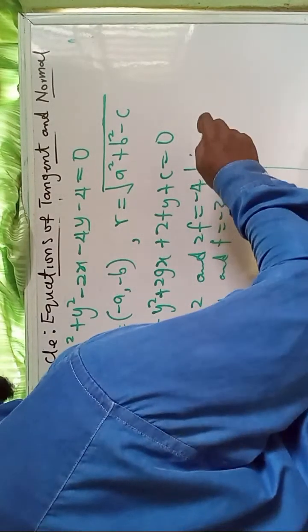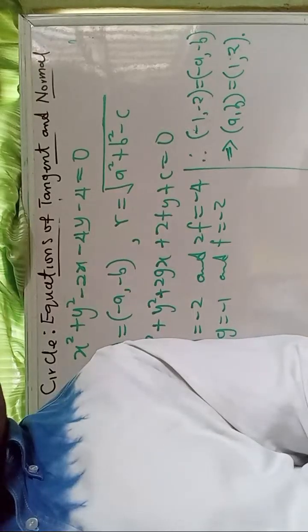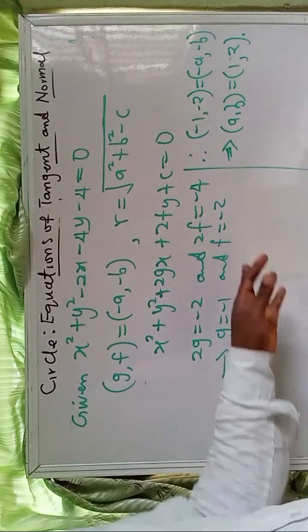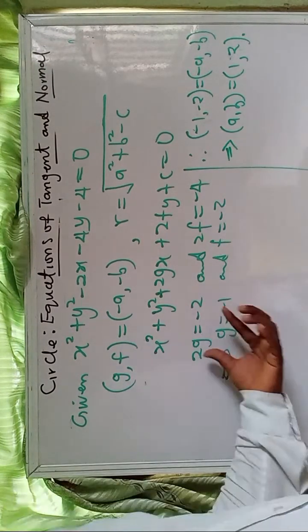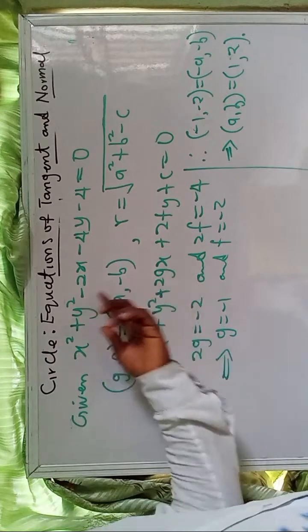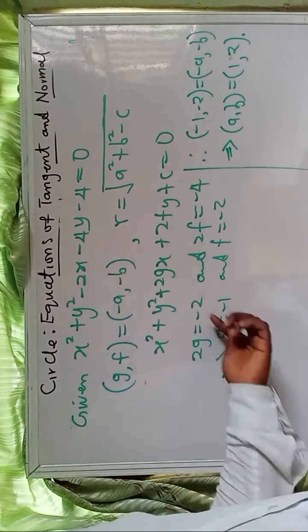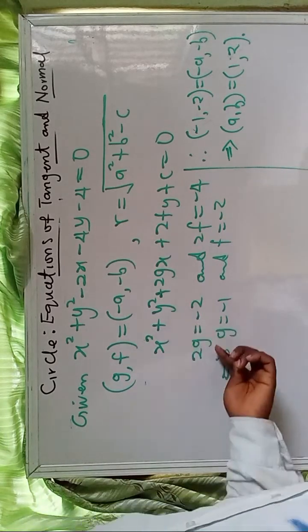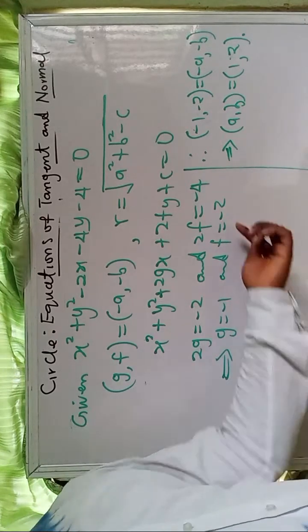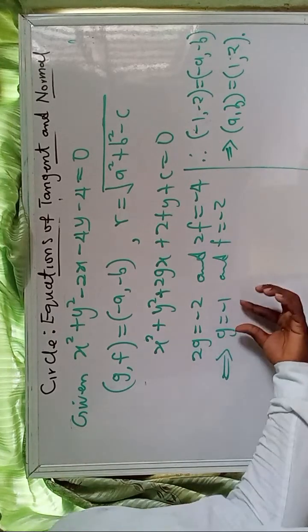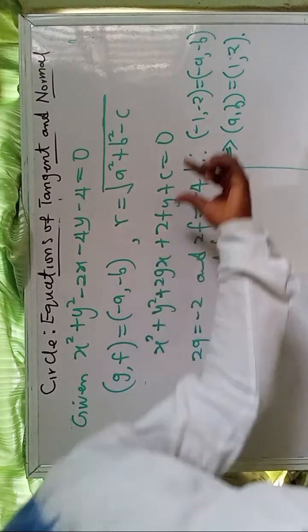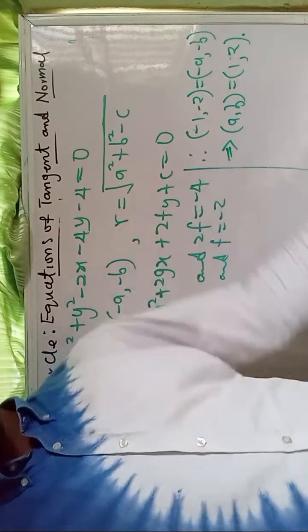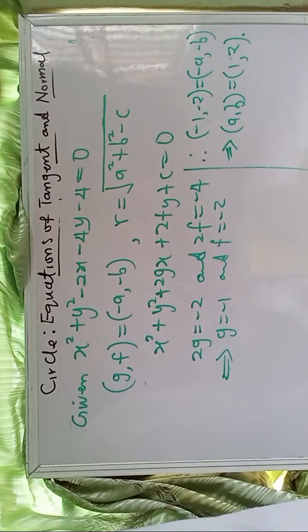So from here we can get g and f. Replacing g and f here, we have something of this form. Here we can see the coordinate of the center is 1, 2, just as this.